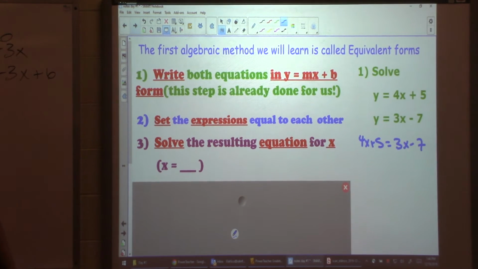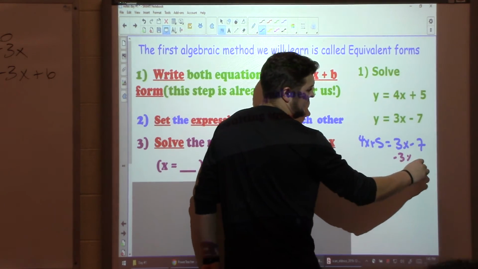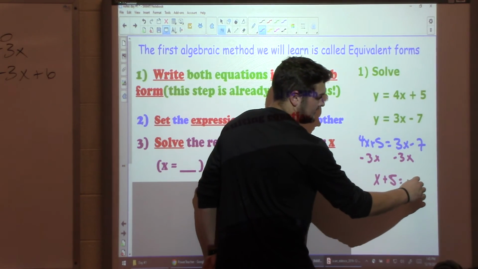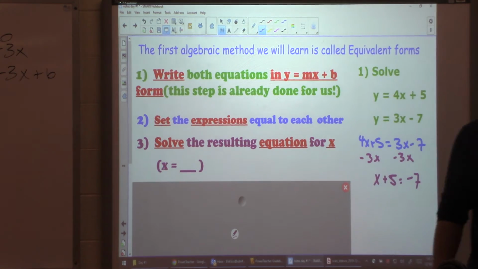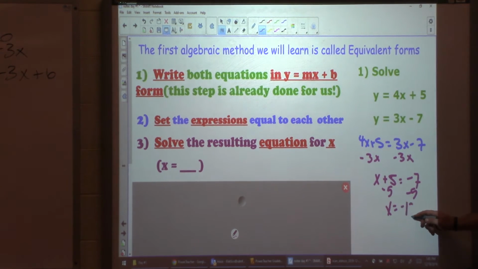Solve your resulting equation for x. So, with the equation you just made, your new equation, solve it for x. So we're going to subtract 3x. x plus 5 equals negative 7. Well, minus 5. x equals negative 12.